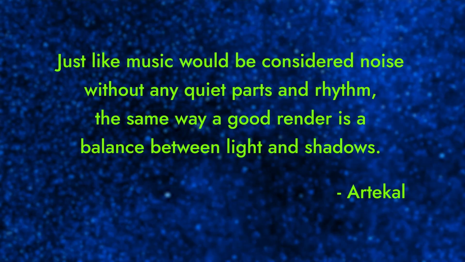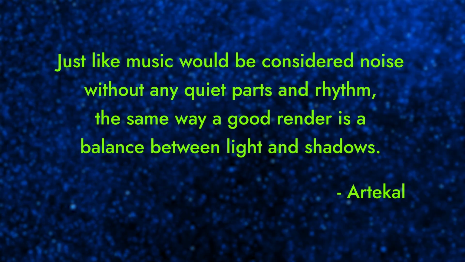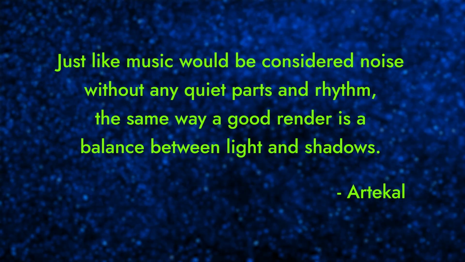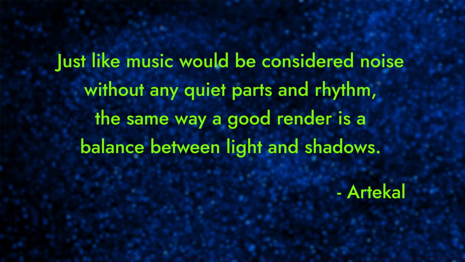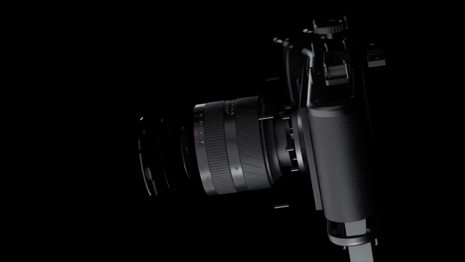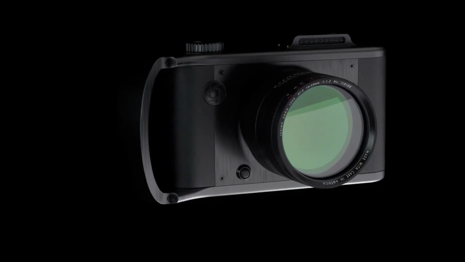Actually, this makes me say this. Just like music would be noise without any quiet parts and rhythm, the same way a good render is a balance between light and shadows. The proportion of light and shadows changes the mood of the render, and too much of anything makes it a bad render in my opinion.